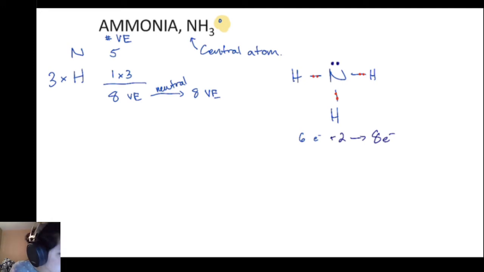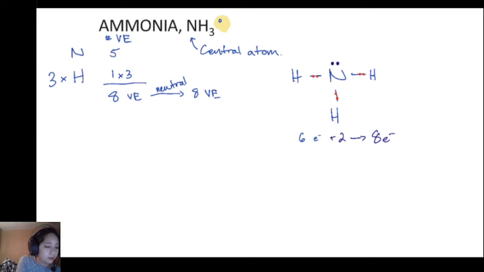Oh, sorry. Once you place the remaining electrons on the central atom, now you need to check: is the central atom electron deficient? Let's count how many electrons are around nitrogen. We're asking ourselves, does nitrogen obey the octet rule? If we count, there's 1, 2, 3, 4, 5, 6, 7, 8. Yes.